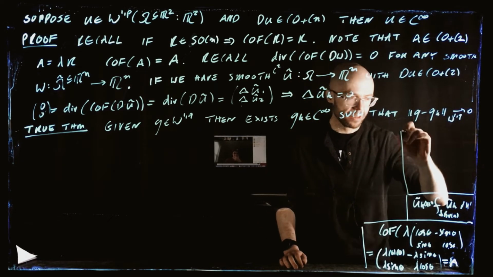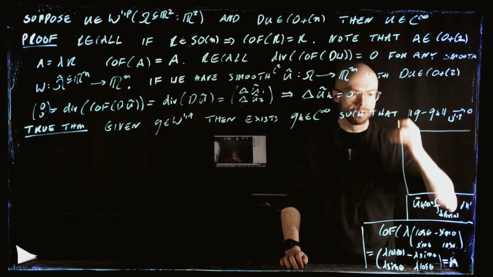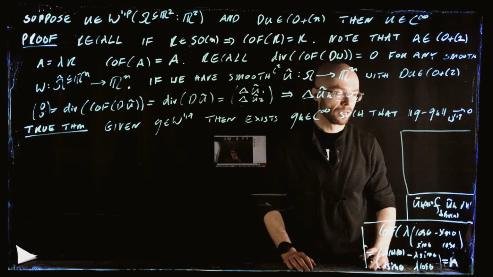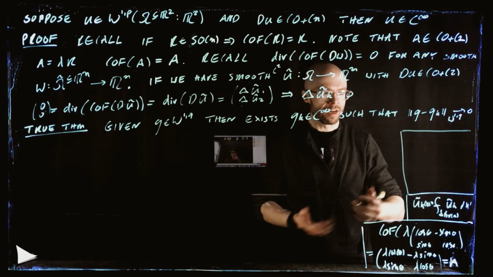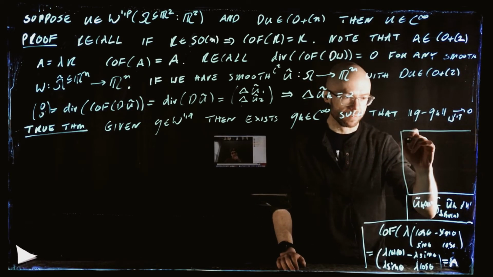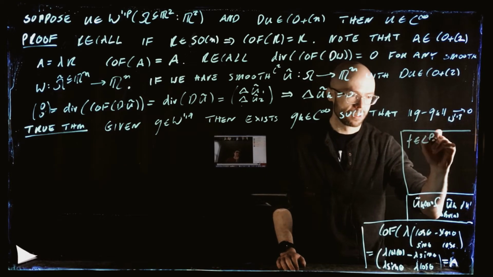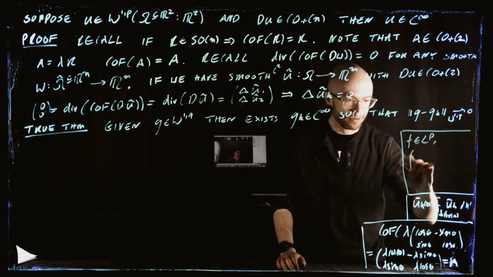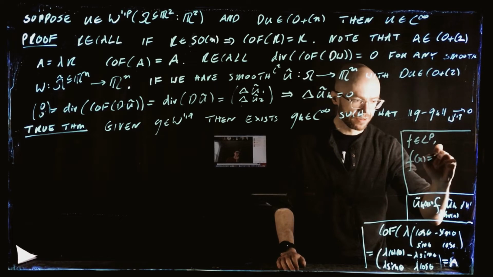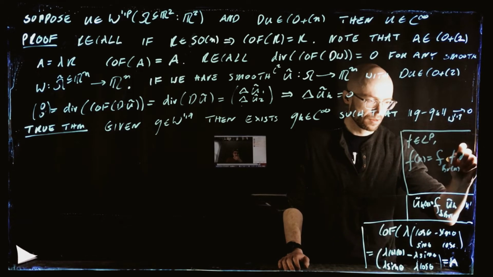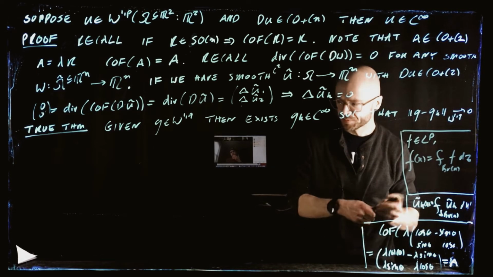It's proved by this notion called convolution, and convolution is like a fancy way of taking an average. So if you have an arbitrary LP function, let's call it f, then one of the things we could do to try and regularize f would be just to take its average over a small ball. Like this.